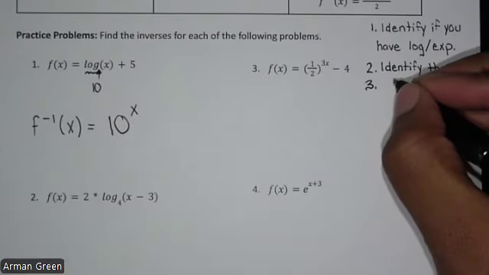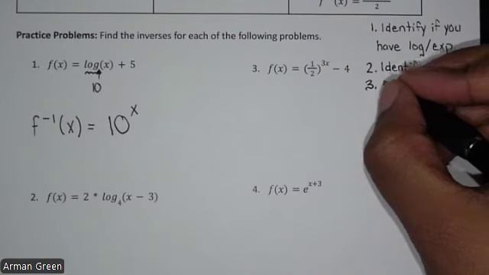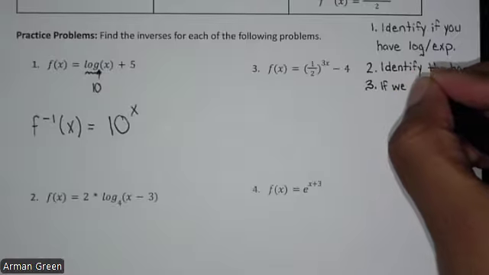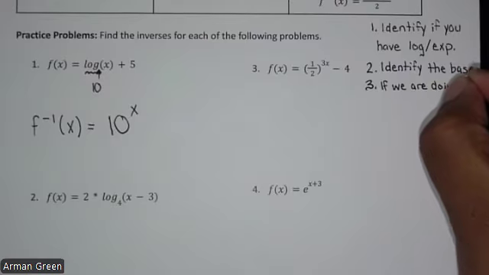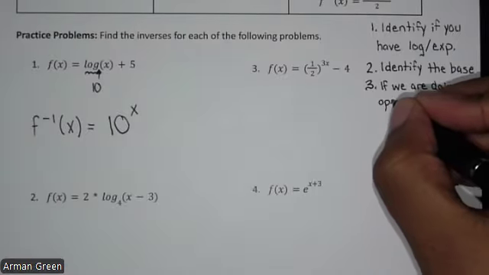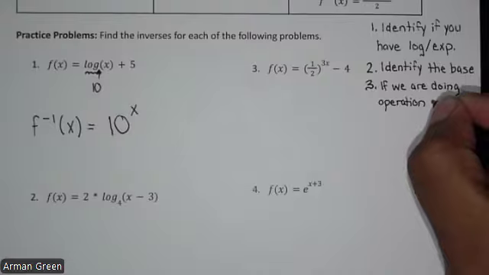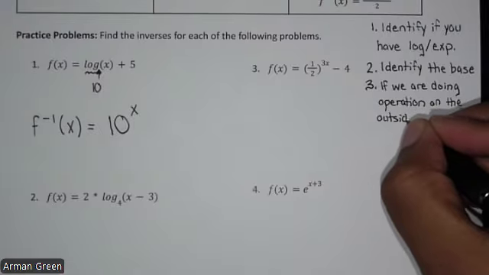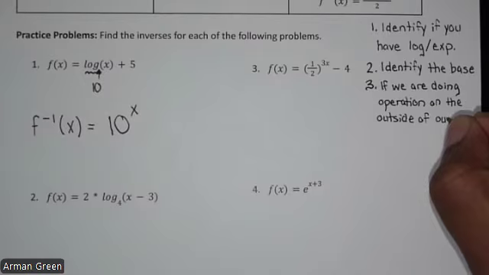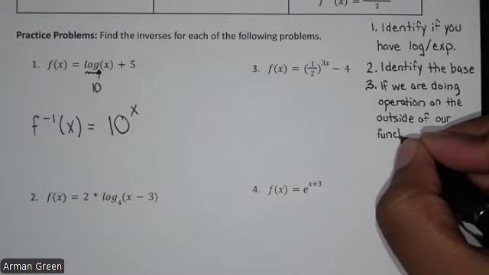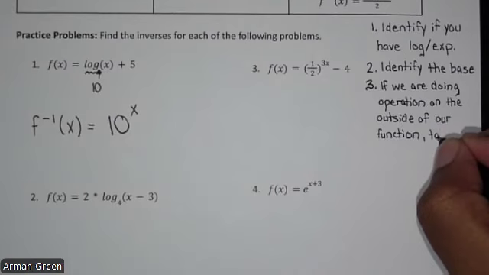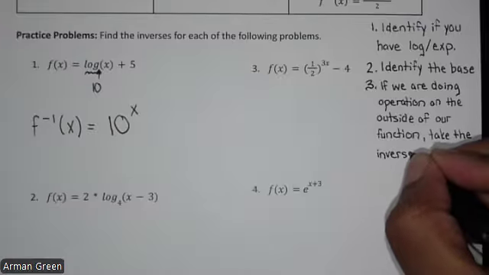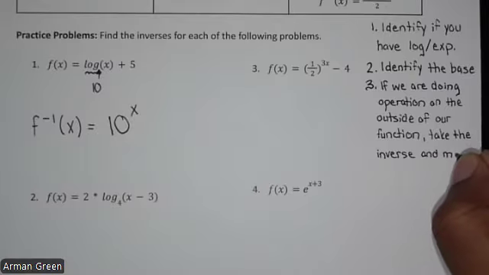I'm trying to figure out the best way of how I want to write step 3. We're going to say for step 3, if we are doing an operation on the outside of our function, take the inverse and move it to the inside.